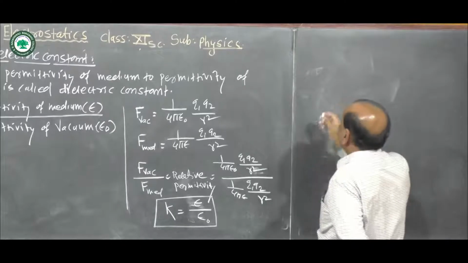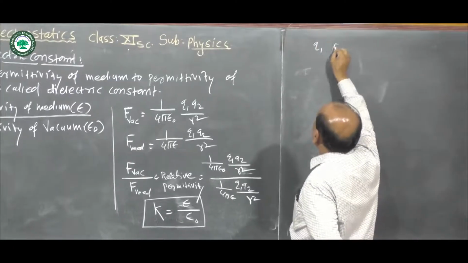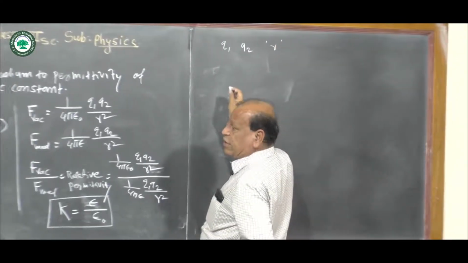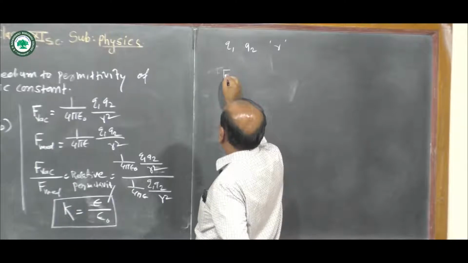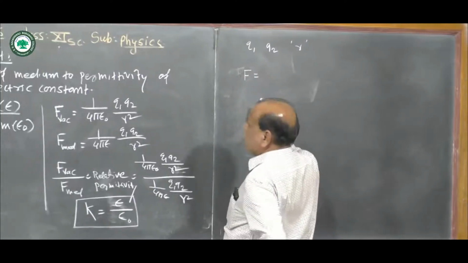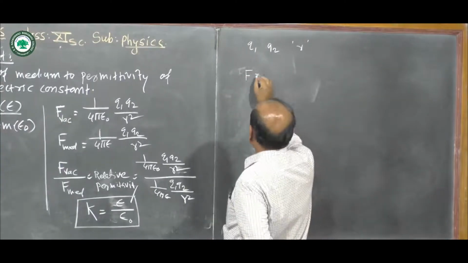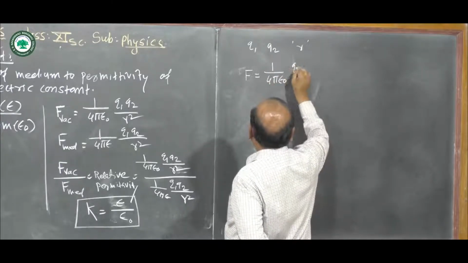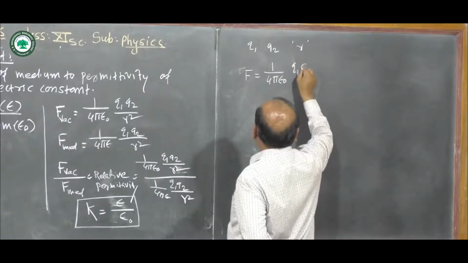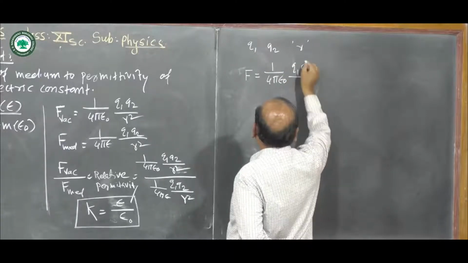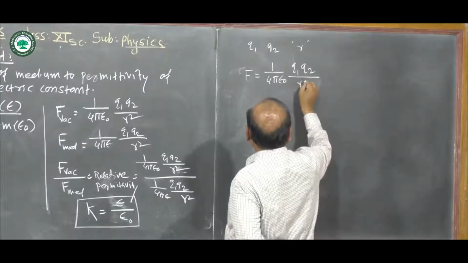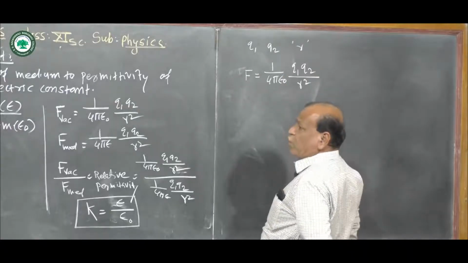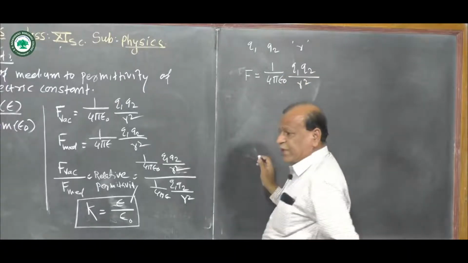Suppose two charges Q1 and Q2 are separated by a distance R. Then the force of attraction or repulsion F is equal to K, that is 1 upon 4 pi epsilon 0, times the magnitude of the product of the two charges Q1 Q2, and inversely proportional to the square of the distance between them. This is the value of the force of attraction or repulsion.